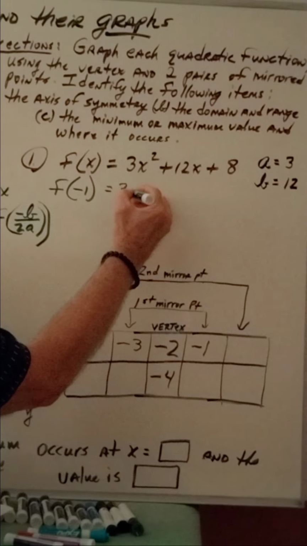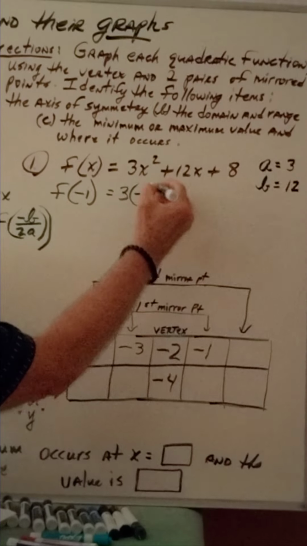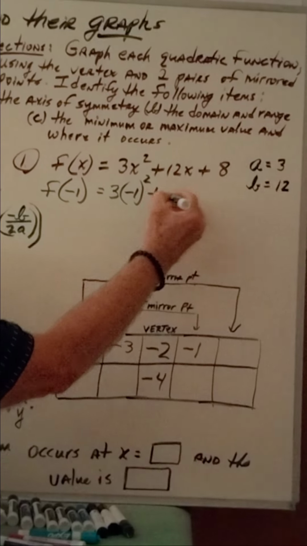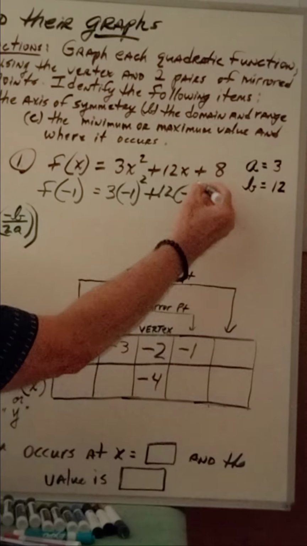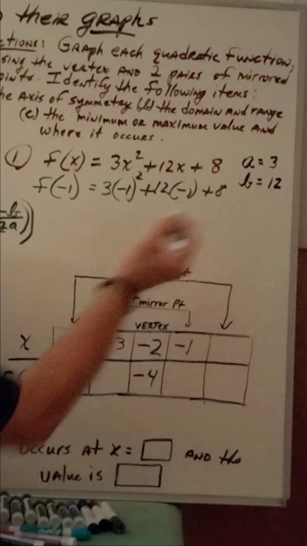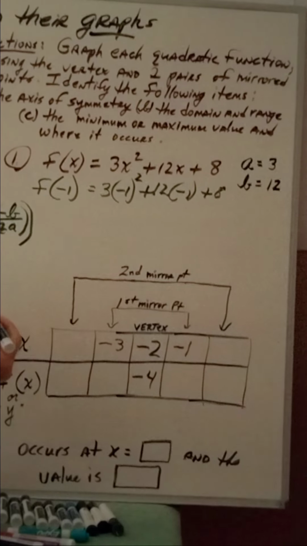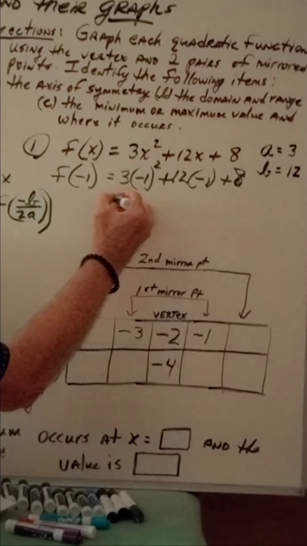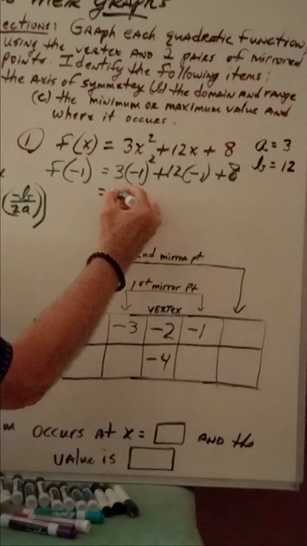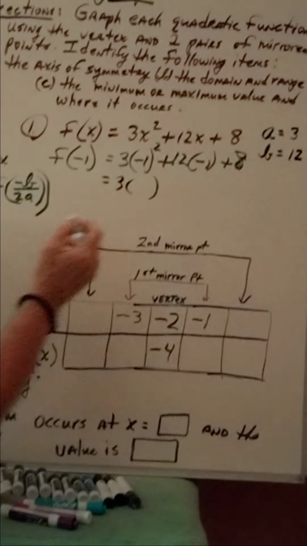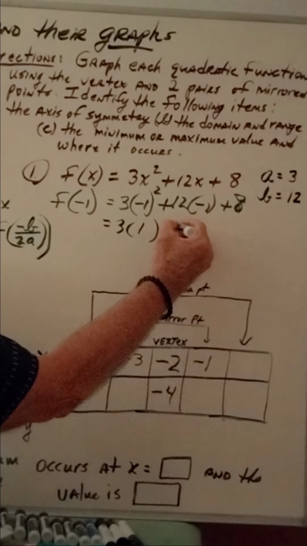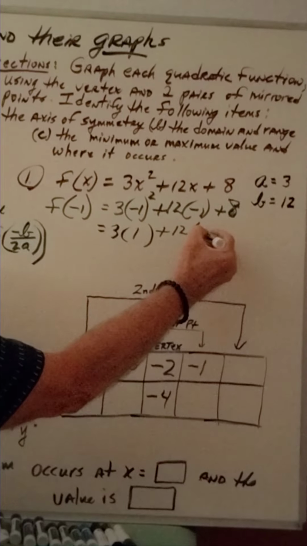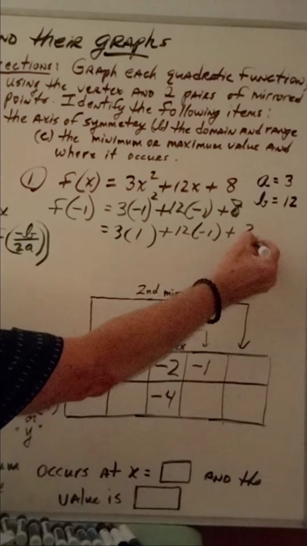That's going to be 3 times the quantity -1 squared plus 12 times -1 plus 8. It's a little sloppy, but do your best to see it. Order of operations, take care of that power. It would be 3 times -1 squared, which is 1, plus 12 times -1 plus 8.